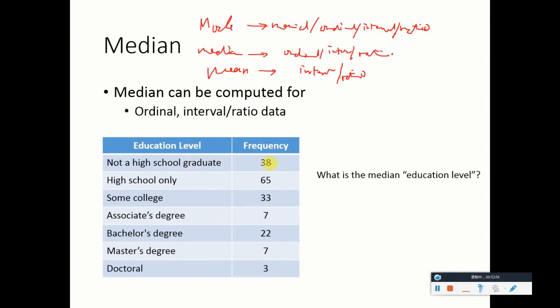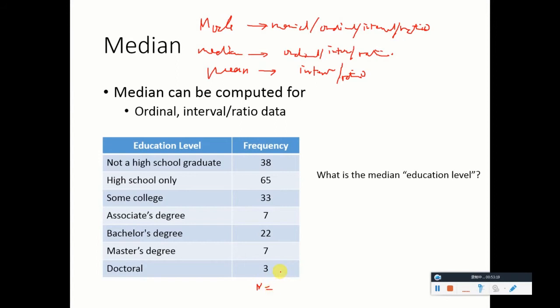And here I give you the frequency count for each of these 7 values. That is, in a sample of, I don't know how many, right? You can easily calculate it if you sum all these numbers up. Let's calculate the total sample size because we're going to use that.